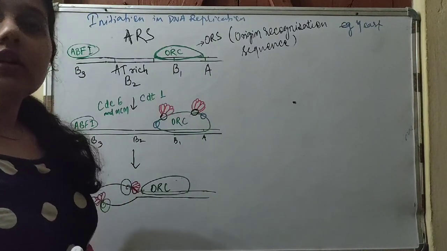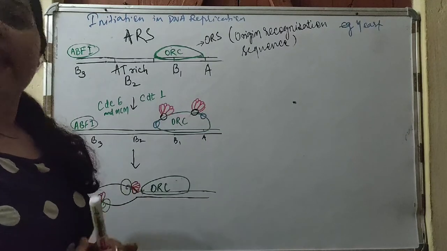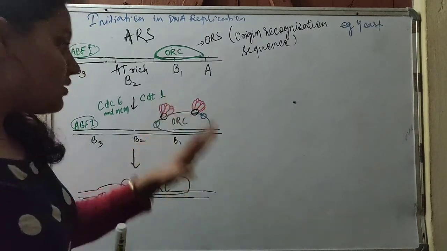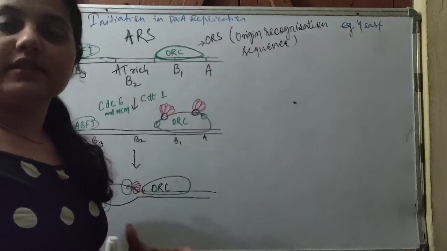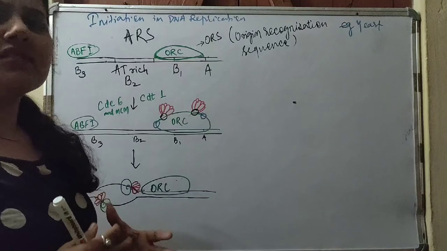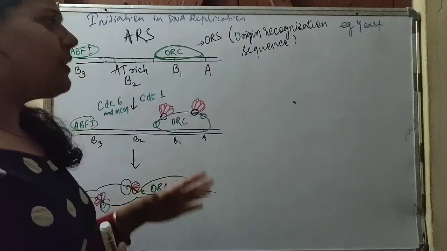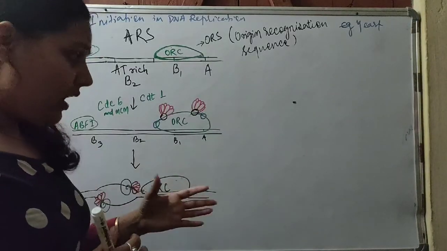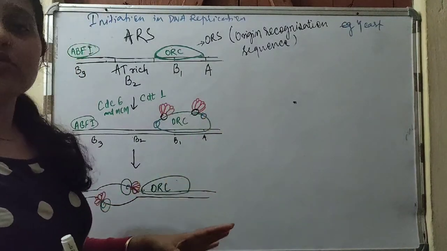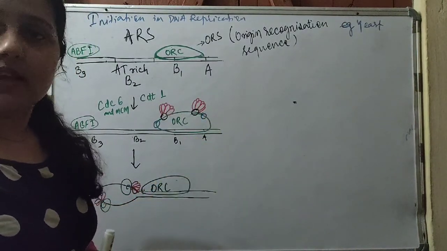So in all the organisms, like in the case of mammals, how the process of initiation begins is not much known. It is known, but it is still controversial. But the best example we are learning about is yeast, because yeast is also a eukaryotic cell, right?